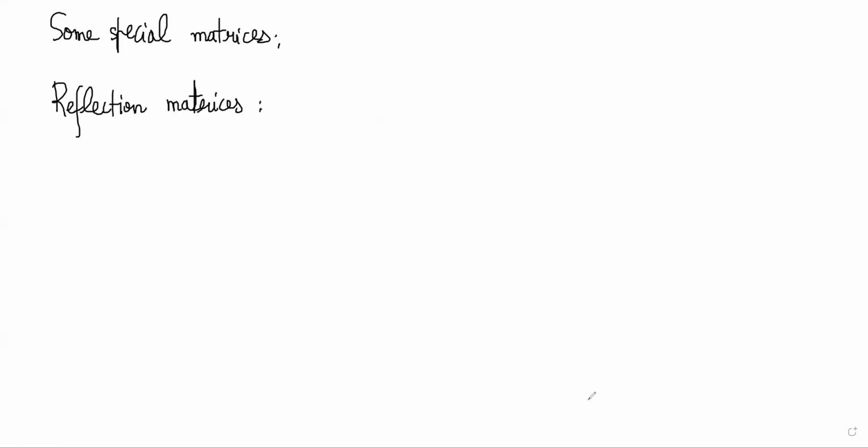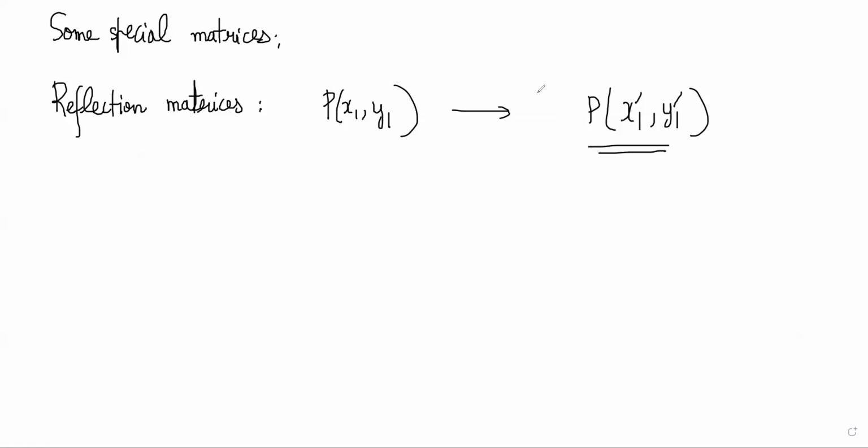What we want is a matrix that, given any point x1, y1, should give me the reflection of that, x1 dash, y1 dash, about, let's say, the x-axis. What is the matrix that will give me the image of the point after reflection about the x-axis?